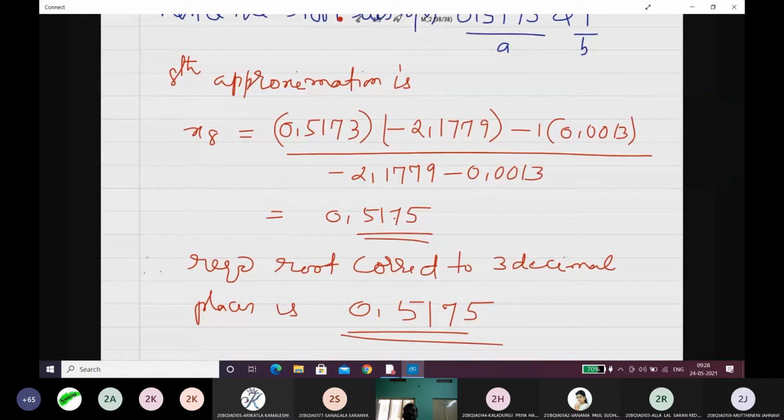Okay, this is the method that we have to use to find the root of the transcendental equation.